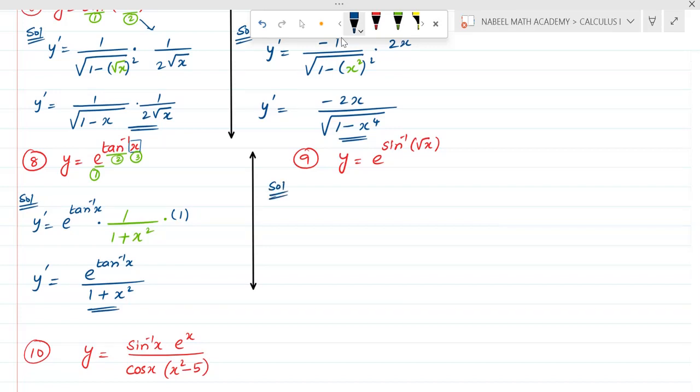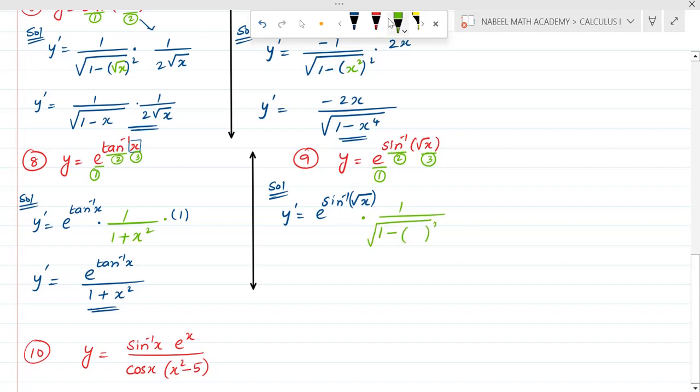Then here the same thing. First I have to do the differentiation for e, then sine inverse, then the root. So this is a composition function, chain rule. So y prime is equal to e to the power sine inverse root x, same. Then what about the sine inverse? 1 over square root of 1 minus x square, but what is your x value?